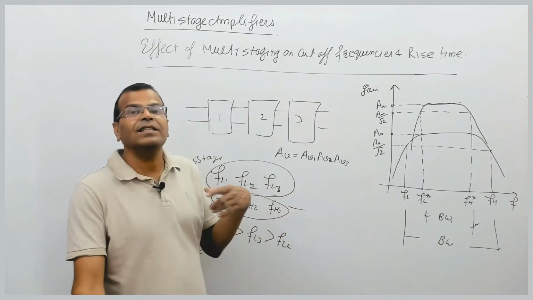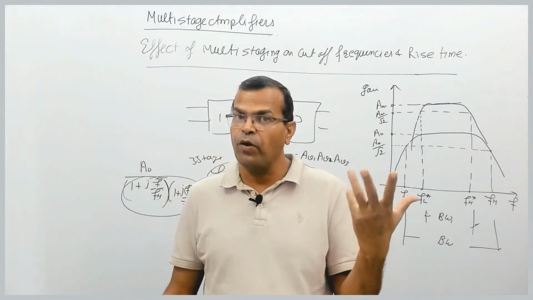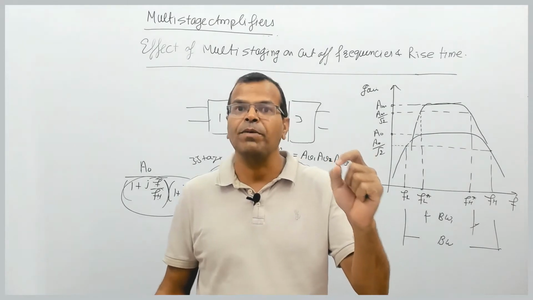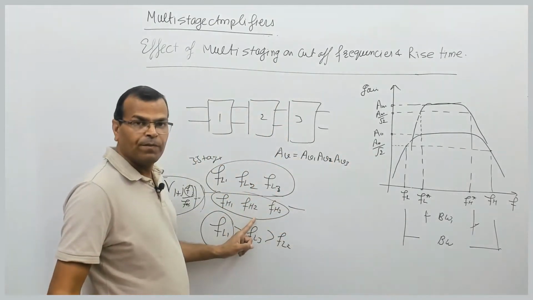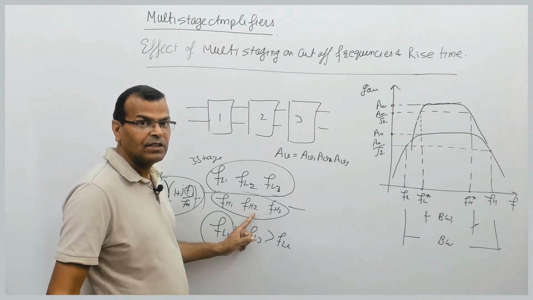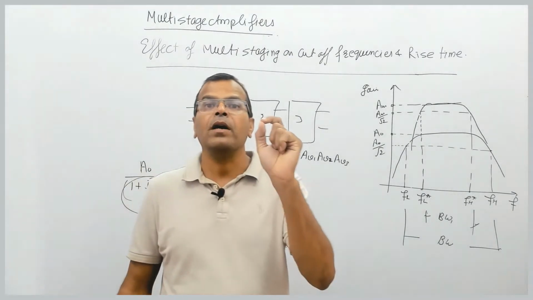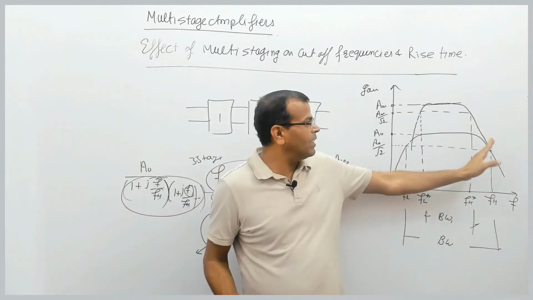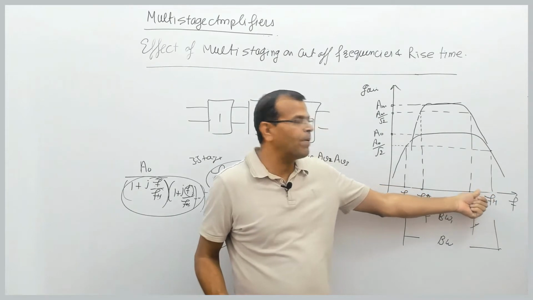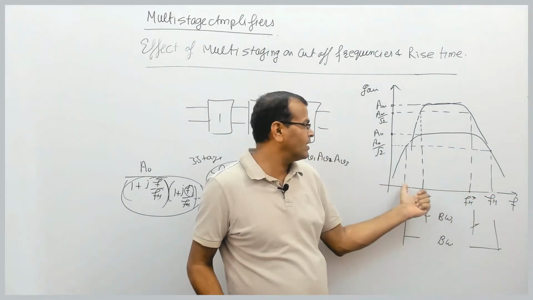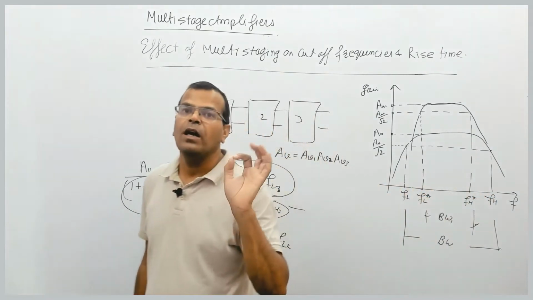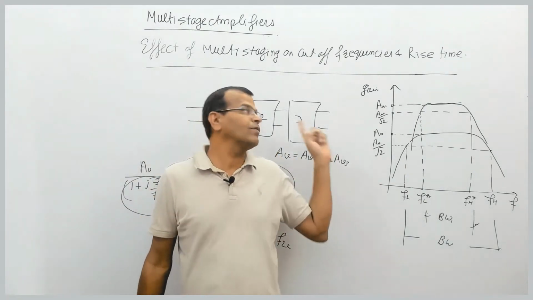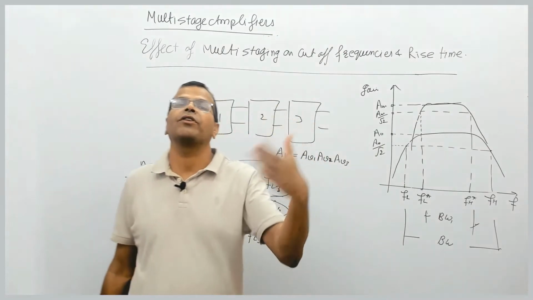So the largest pole for low frequencies is the overall lower cutoff frequency of the multistage amplifier. The smallest pole at high frequencies is the overall upper cutoff frequency of the amplifier. It means if you have multiple amplifiers, the smallest of the upper cutoff frequencies is the overall upper cutoff frequency, and the largest of the lower cutoff frequencies is the overall lower cutoff frequency of the amplifier.